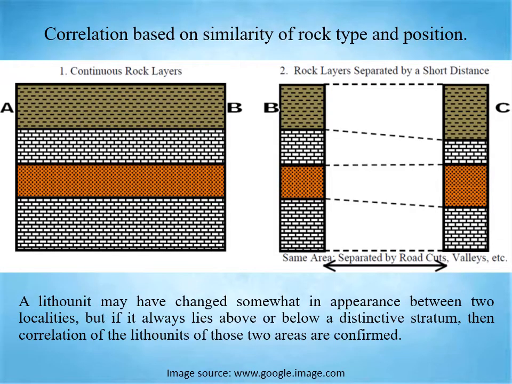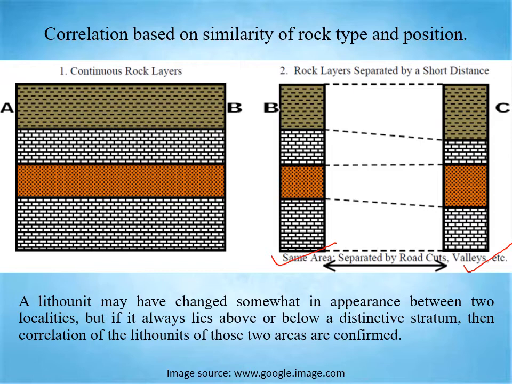So the question comes: if rock layers are laterally continuous, then we can correlate simply by laterally tracing. But if it is not continuous, then how do we determine the equivalency of rock layers which are exposed in two different areas, with a vast distance between these exposed rock units?